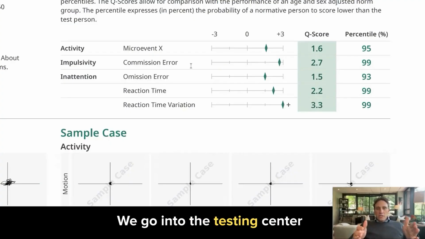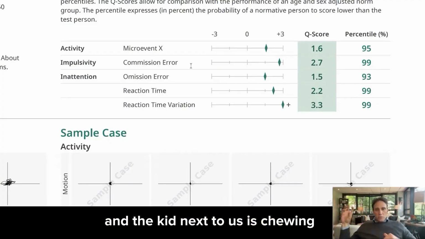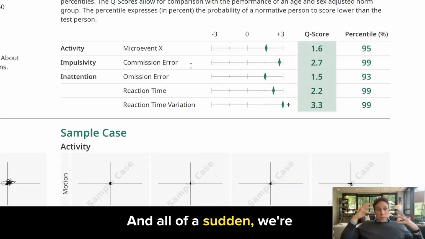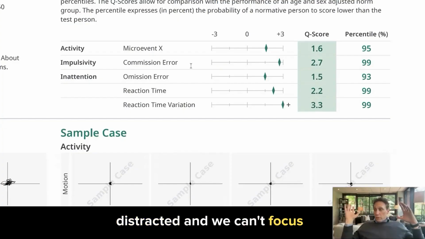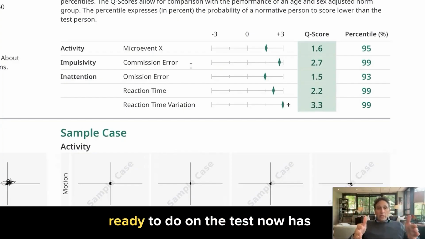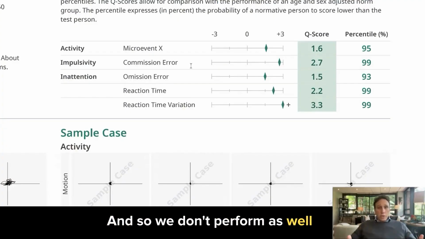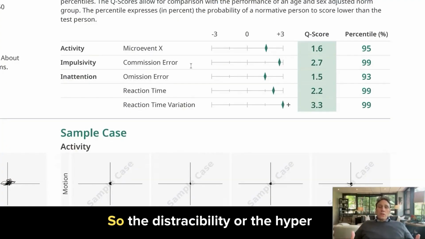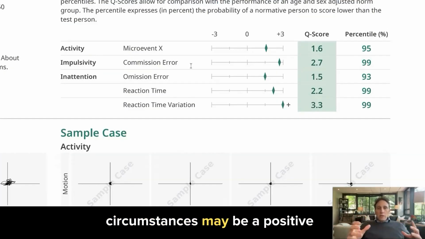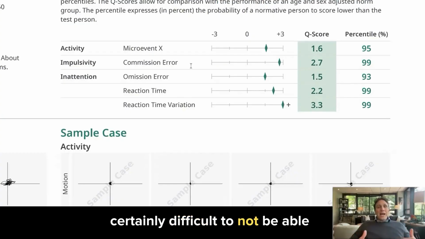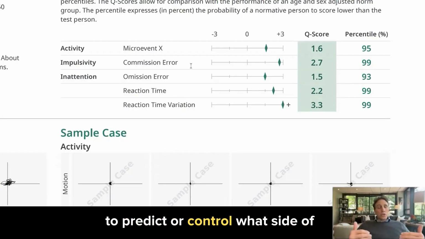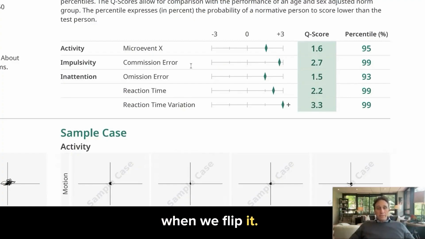We go into the testing center and the kid next to us is chewing their gum too loud. And all of a sudden we're distracted and we can't focus. And what we thought we were ready to do on the test now has become inaccessible. And so we don't perform as well as we might have hoped. So the distractibility or the hyper-focus, depending on the circumstances, may be a positive or a negative in our lives. But it's certainly difficult to not be able to predict or control what side of the coin may be showing up when we flip it, okay?